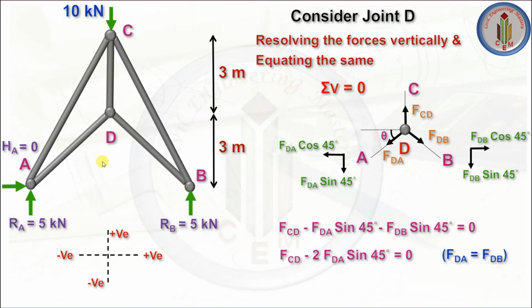Since it is symmetrical, we can convert it into a single force. So I'm taking FDA and FDB as 2 FDA sin 45, and we know the FAD value is 7.07 kilonewton. If I apply that here, we get FCD as 9.998 kilonewton, which is in tension.